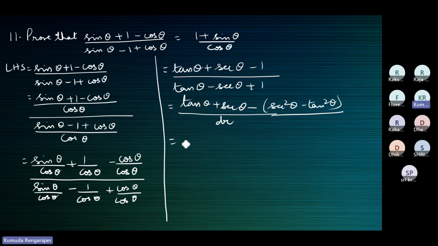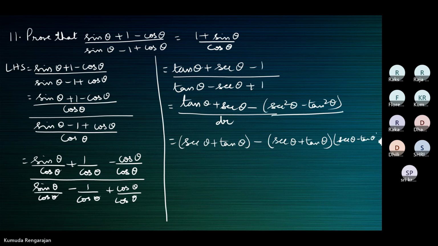So now this is equal to, I'll just rearrange the terms. I'll write secant theta first. So secant theta plus tan theta in one bracket, minus secant square theta minus tan square theta, which is a plus b into a minus b. So secant theta plus tan theta into secant theta minus tan theta.